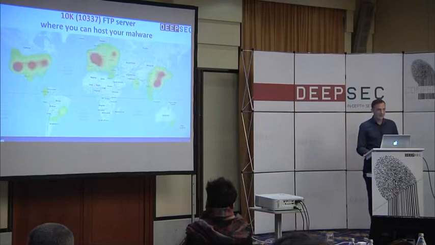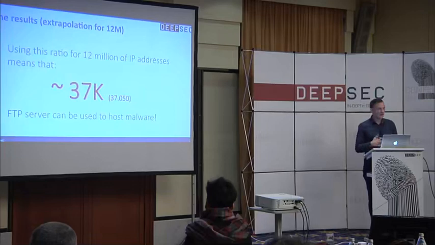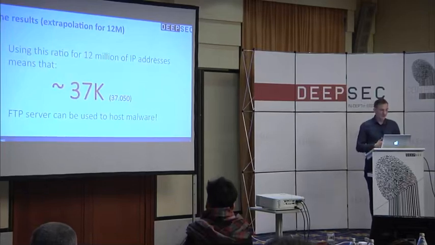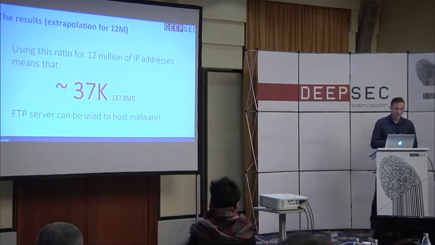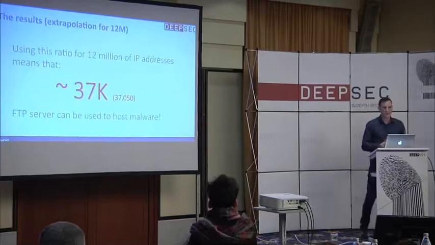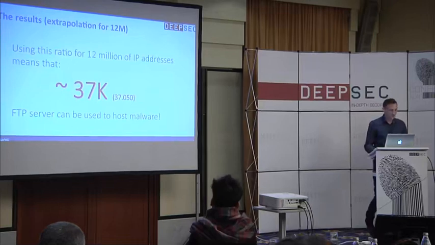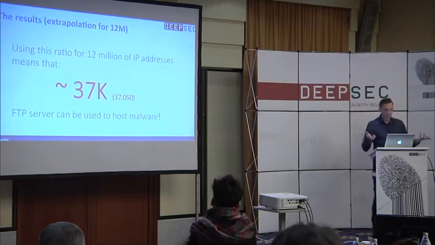The scanner used just 3.5 million, but if you use this data for the 12 million, that means you have 37K potential IP addresses and services where you can copy your instance and your malicious data, or just use it as a very big and very stable cloud storage, because you can copy everything everywhere, and some of it will be available tomorrow.